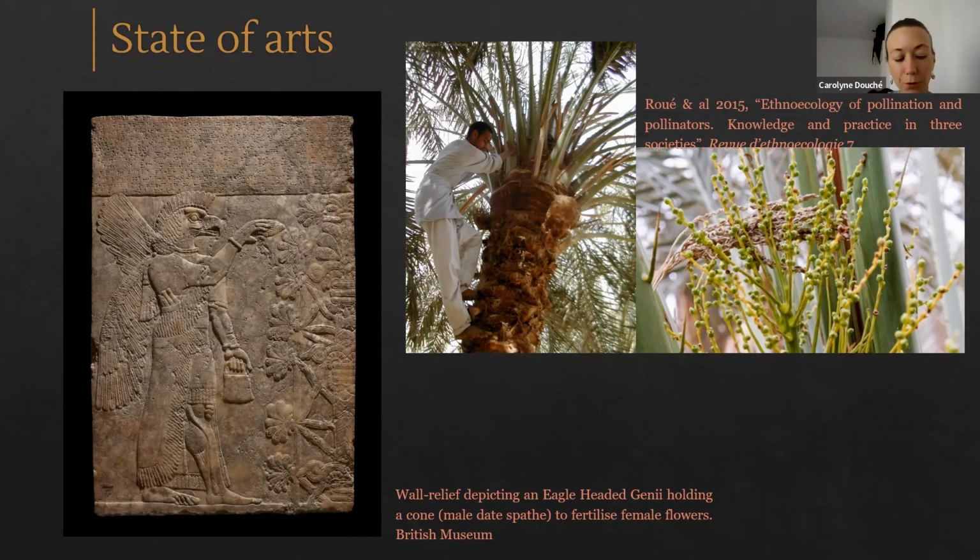So to obtain fruit, hand pollination is required. The farmers take an inflorescence from the male palm and spread it on the female flowers. You can see on the pictures that's what they're doing, and on the right picture, you can see the male inflorescence on the female flowers.